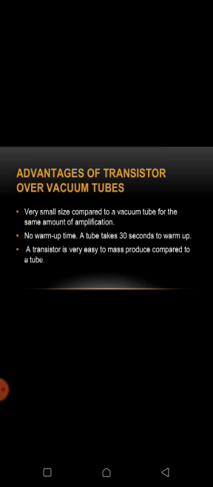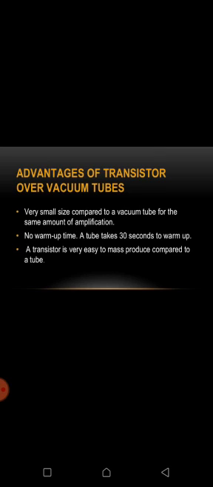What is the advantage of transistors over vacuum tubes? Transistors are very small in size compared to a vacuum tube for the same amount of amplification. A transistor has no warm up time, and a tube takes 30 seconds to warm up.